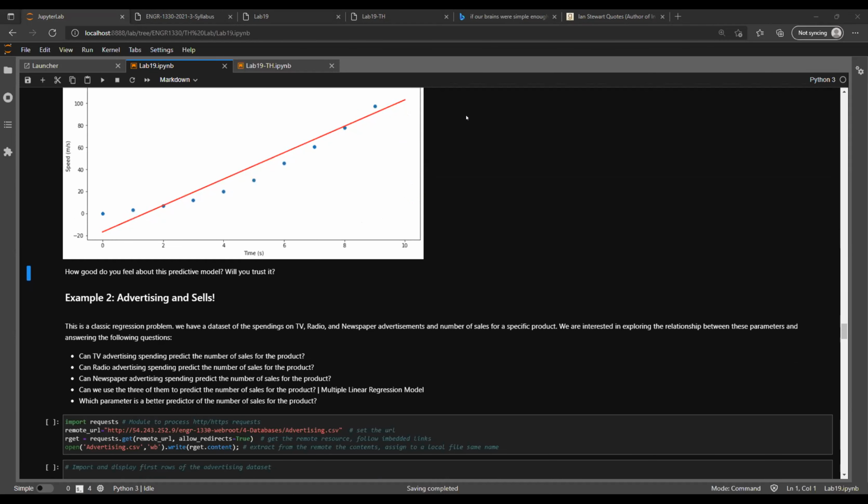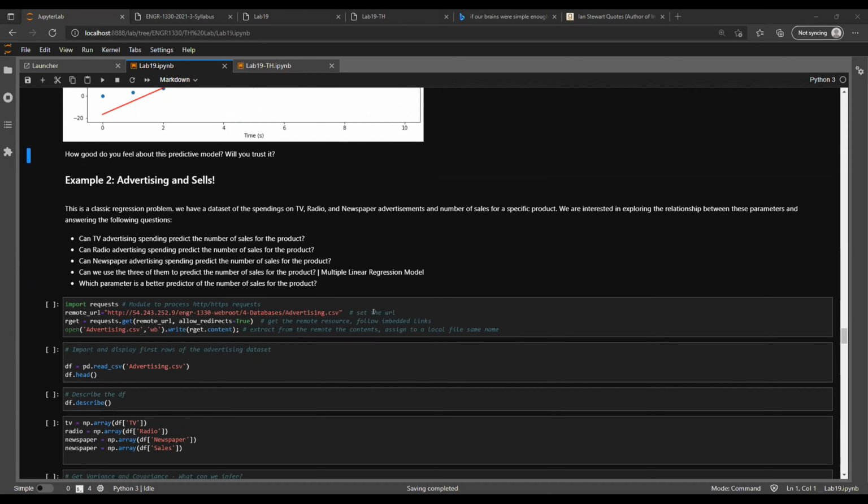Okay, another example. This is definitely a real life example of where we want to predict stuff. Here's the idea. We have a data set of spendings on TV, radio, and newspaper advertisements, and a number of sales for a specific product. We're interested in exploring the relationship between these parameters and answering the following questions.